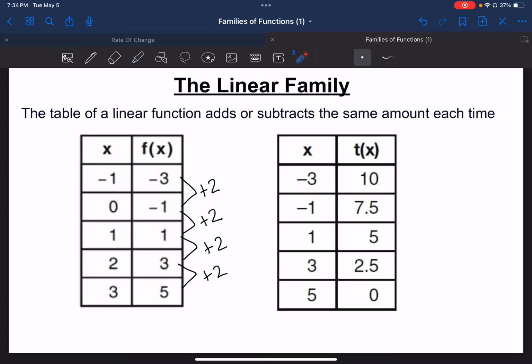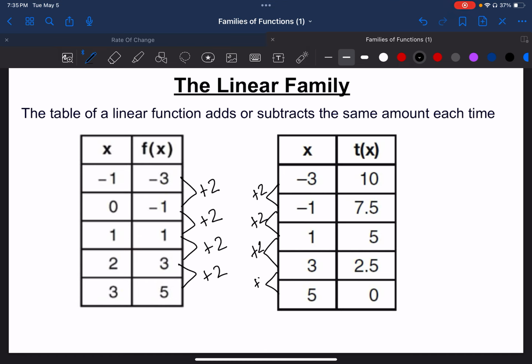Let's take a look at this one. It looks like it's decreasing, but let's see if it's decreasing at a constant rate. First, let's take a look at the x values. They're not going by ones, but they are going by 2s, it looks like. So it's still constant. We're still just adding 2.